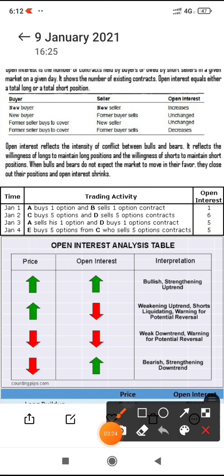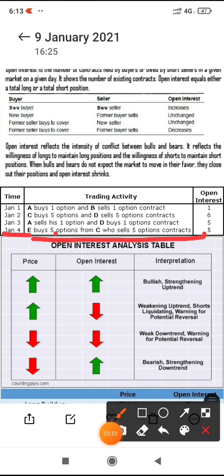Another example is on Jan 4th, when E buys 5 options from C, who sells 5 options. This is another situation where there is a new buyer, but there is also a former buyer.